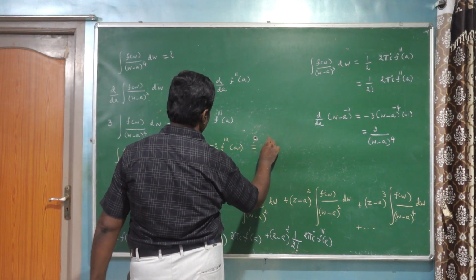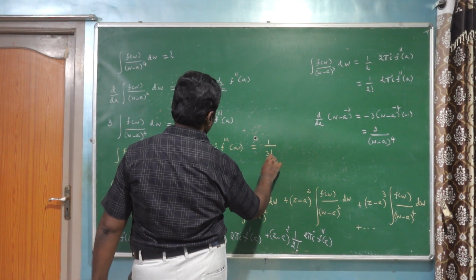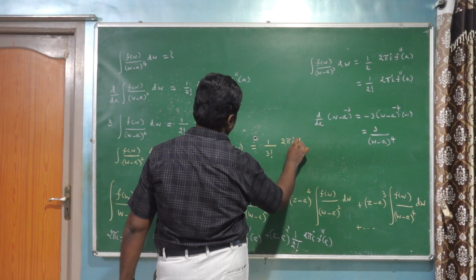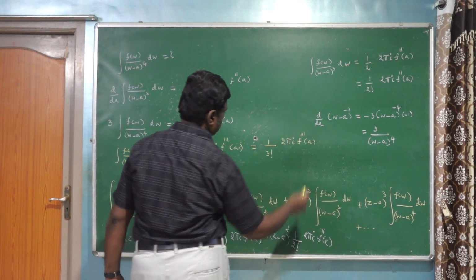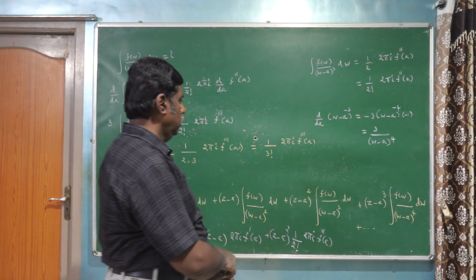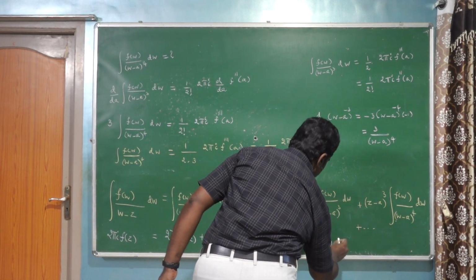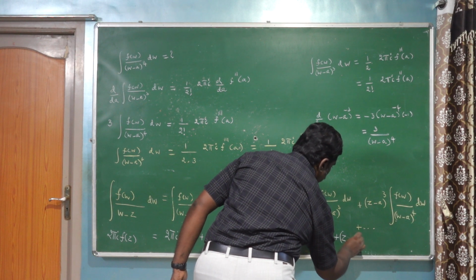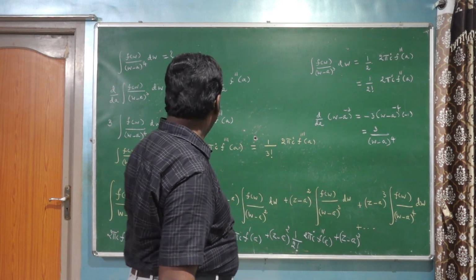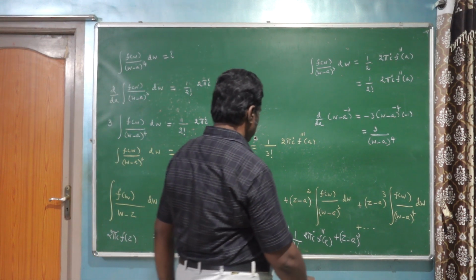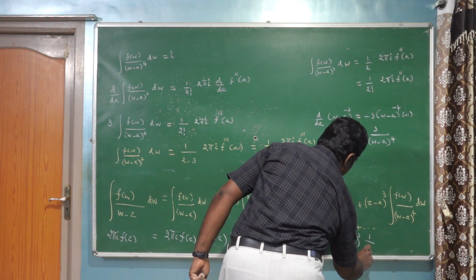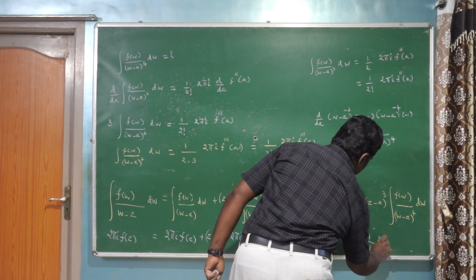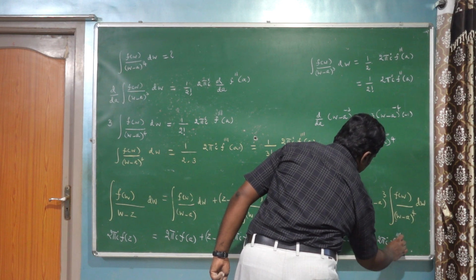Therefore this is equal to 1 divided by 3 factorial, 2 pi i, f triple dash of a. So the last term is plus (z minus a) cube, and instead of that integral, we put 1 divided by 3 factorial 2 pi i f triple dash of a.